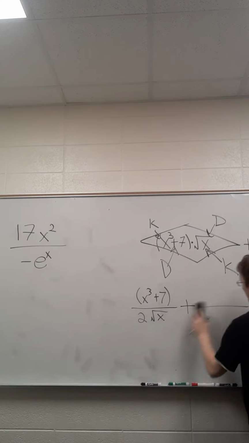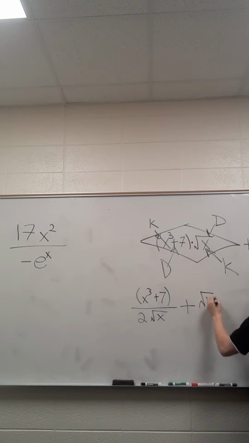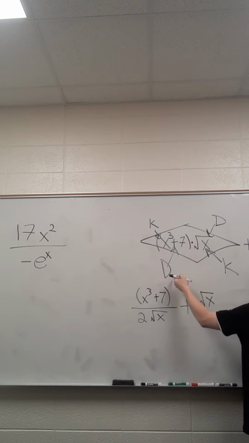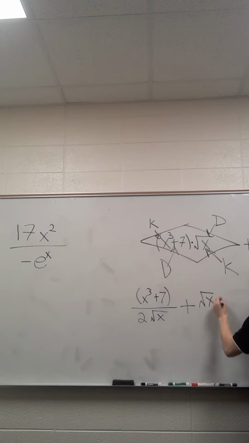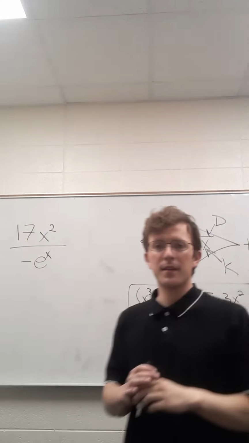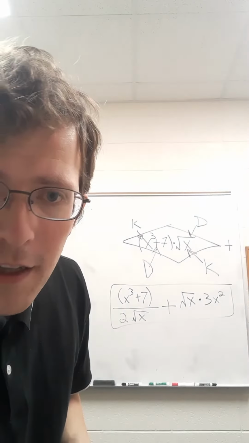I'm keeping everything. Keep the square root of x, differentiate x cubed plus 7. Well, that's 3x squared. And we stick that in a box, and we're nice and happy. And I'm making sure that the plus sign, you can't see the plus sign at all. That's kind of frustrating.